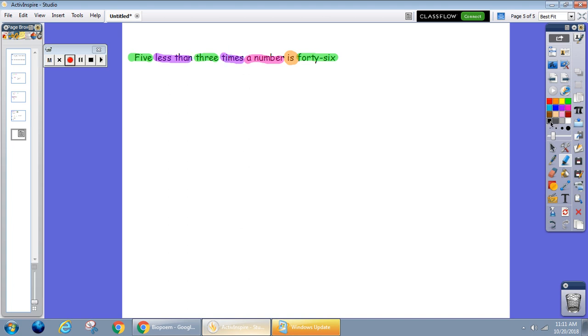All right, now let's get our pen, and this time I'm actually going to use it in the same color as what we've been highlighting in, just to keep us on the right track, because this is kind of a complicated one. So 5, 3, 46. Okay, I know is my equal sign. I know a number is going to be my variable.